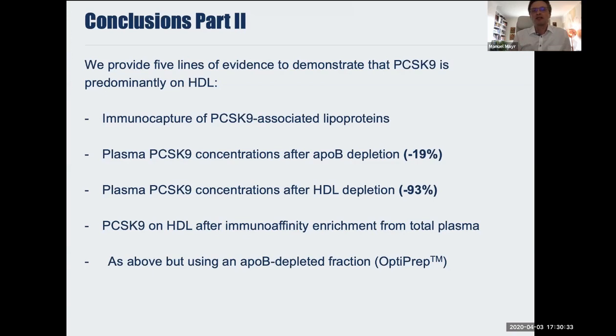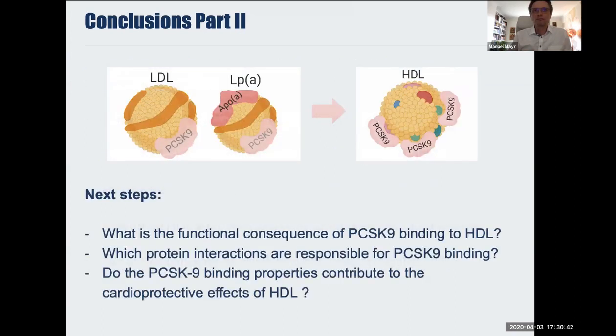And we then repeated these findings with immune affinity enrichment from total plasma, as well as from plasma that was subject to density centrifugation. So what these studies that have initially started with an omics approach have revealed is that, contrary to current assumptions, PCSK9 may not be carried on LDL and Lp(a) alone, but actually the major carrier of PCSK9 in the circulation may be HDL.